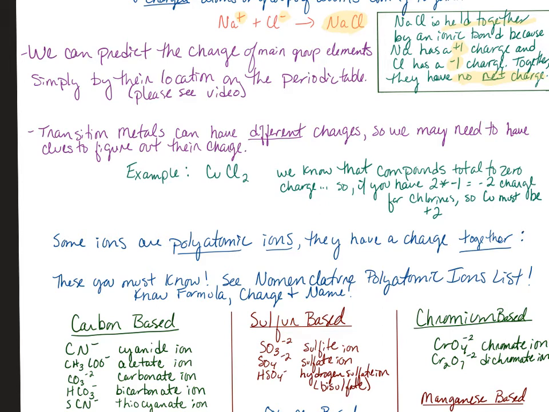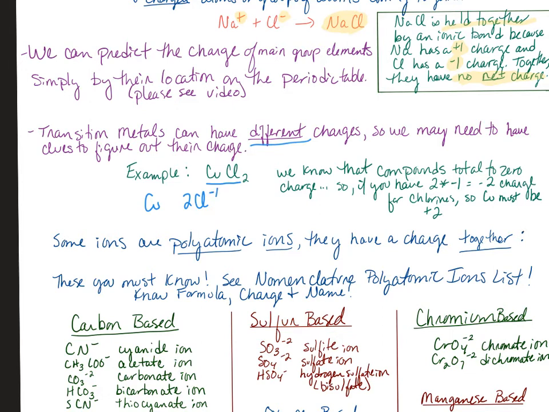Okay, so there are things like transition metals that can have different charges, and you might have to figure out what those are. And you can do that by looking at the formula. So in this case, for copper chloride, I have copper that's been combined with 2 chlorine. Well, remember how we just said that chlorine has a -1 charge?